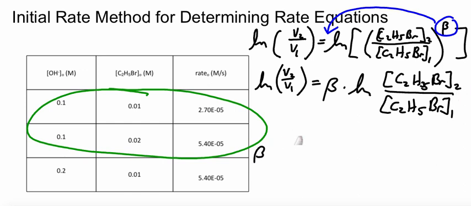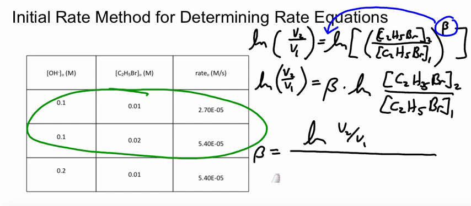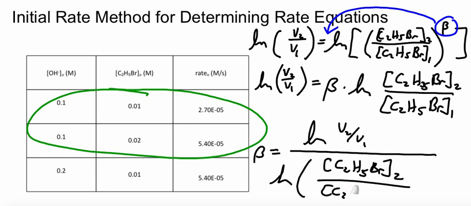So we get beta is equal to the log of V2 over V1 divided by the log of the ratio of the concentrations: ethyl bromide for the second trial divided by ethyl bromide for the first trial. So when we plug in the numbers, we can see what this exponent is.